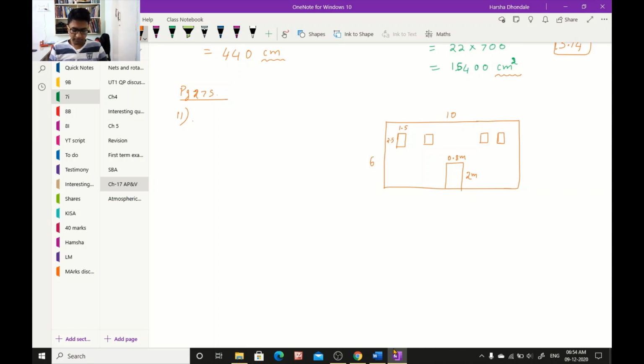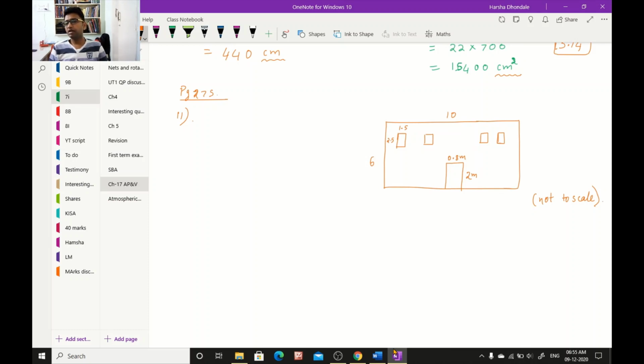So what area of the front is brick? Out of this, what area is made up of brick? Now here what you have to be careful is, this diagram is not too scary. What I will do is I'll find the area of this entire rectangle first.